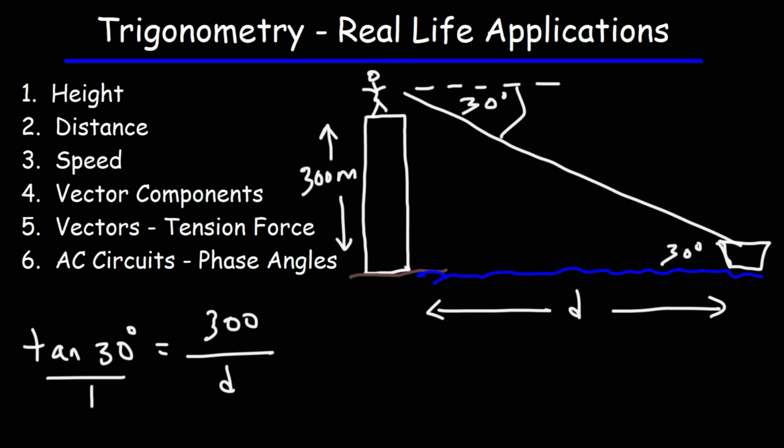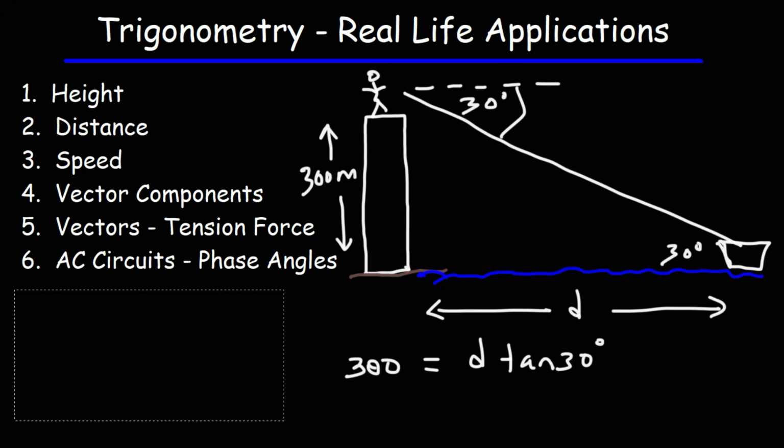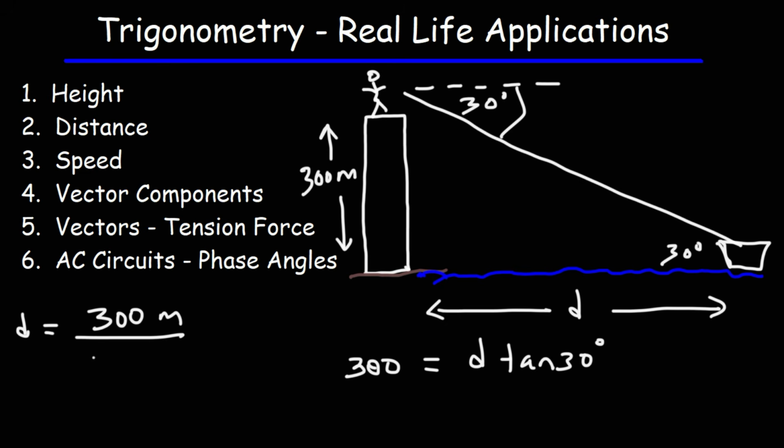So if we cross multiply, it's going to be 300, and that's going to equal d times tan 30. Dividing both sides by tan 30, we get that the horizontal distance is going to be 300 meters over tan 30.